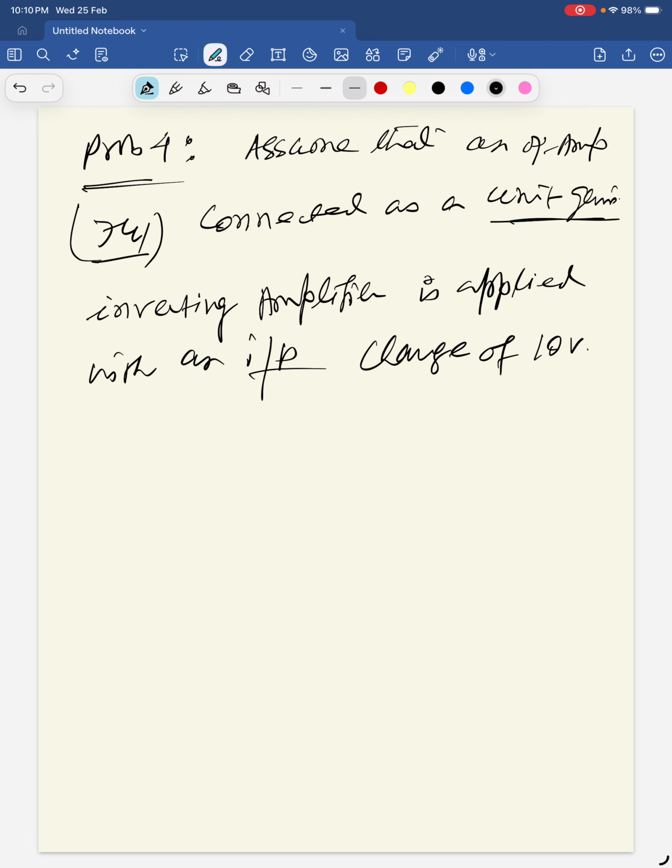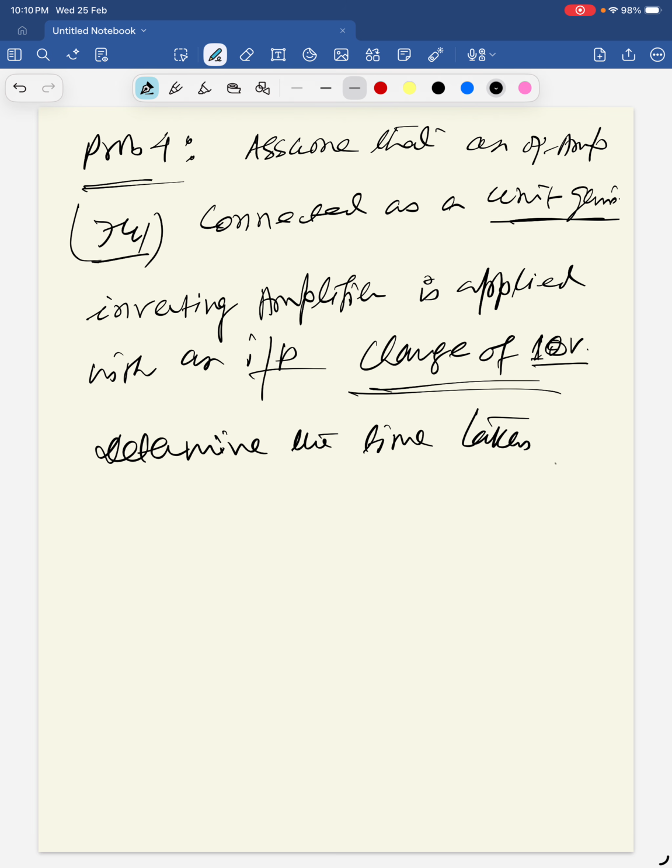So input change of 10 volt. This is most important word. Determine the time taken for the output to change by 10 volt.